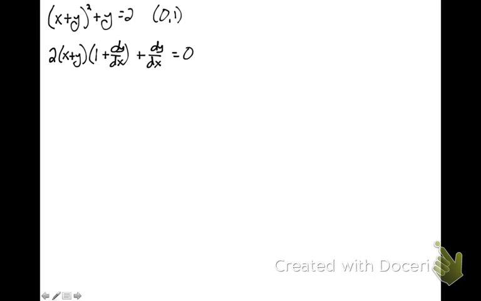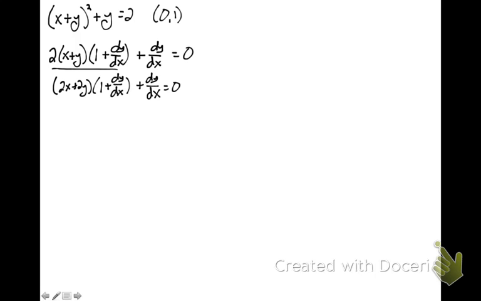It looks like I can't see a better way to do this. In order for me to get dy/dx by itself, I'm going to have to multiply this stuff out. So this will end up being 2(x plus y) times (1 plus dy/dx) plus dy/dx equals 0.